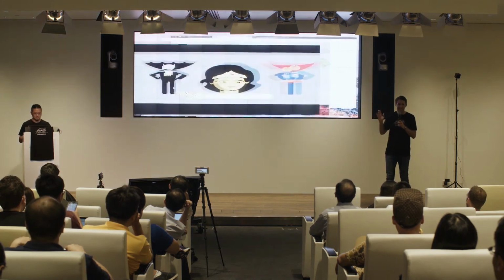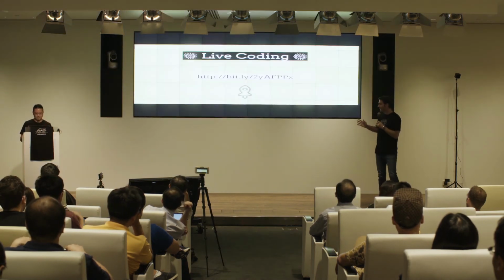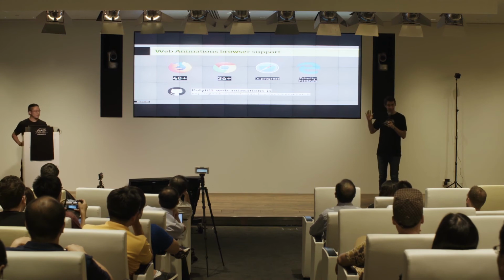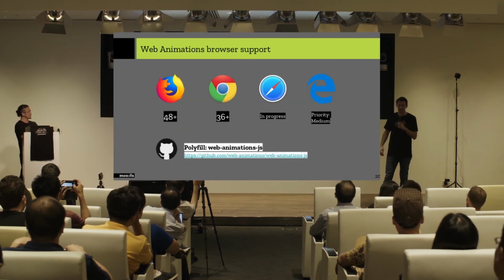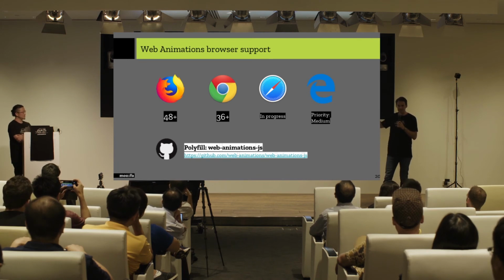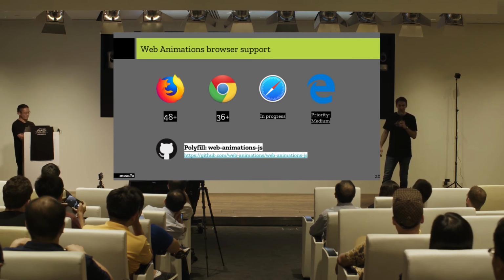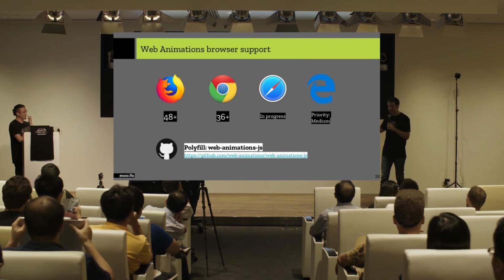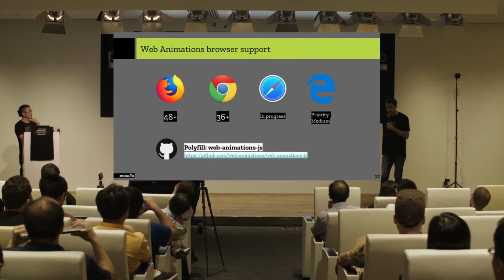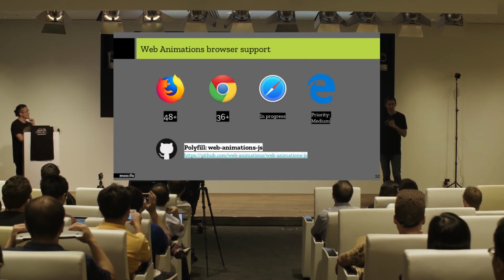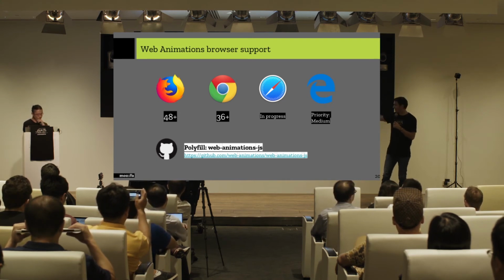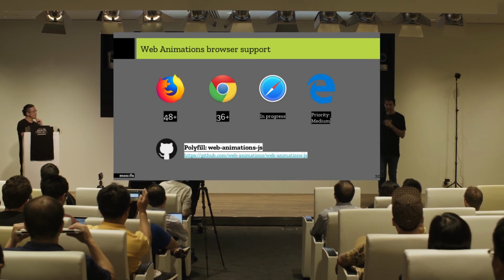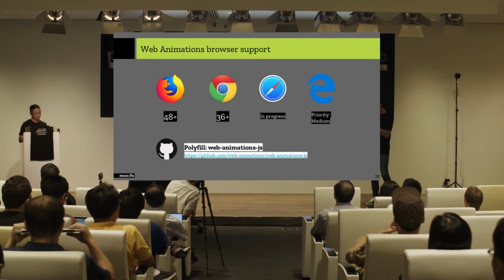So the problem with Web Animations is browser support. And at the moment, it's only supported by Firefox and Chrome. Safari are in the process of implementing it. And I'm sure as soon as they release it, Edge will follow suit. So for now, if you want to use this in a production site, you'll want to use this polyfill as well. When you use the polyfill, it will fall back to the native optimized implementation in Firefox and Chrome, but in Safari and Edge, it'll run in JavaScript.